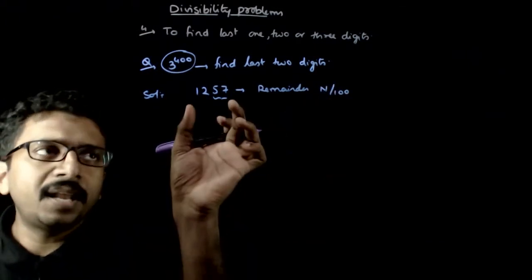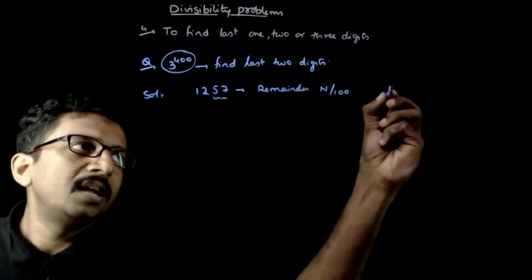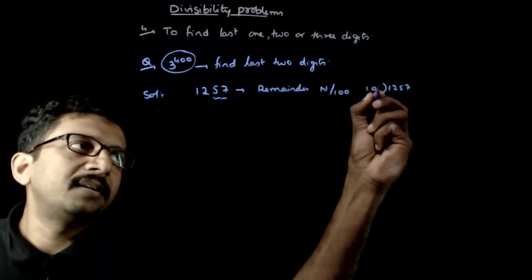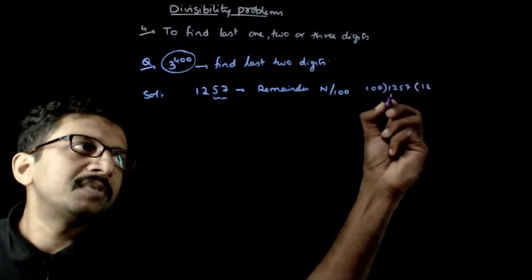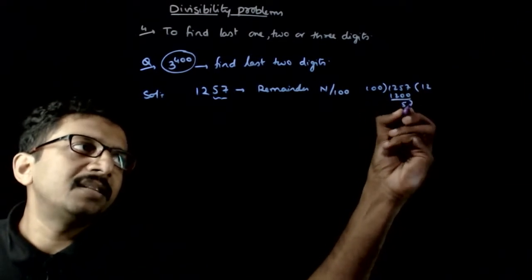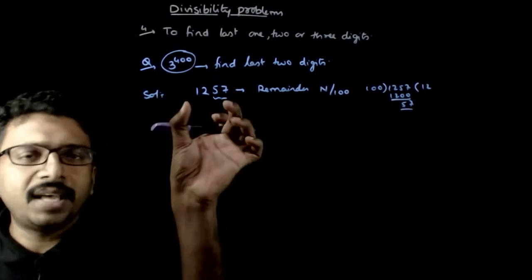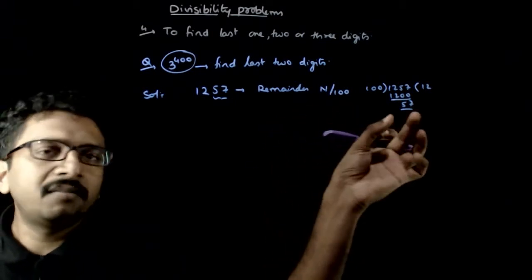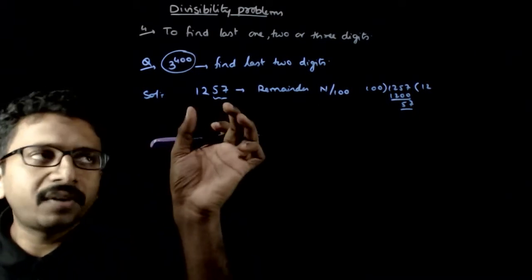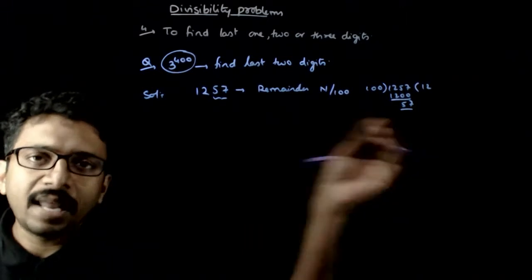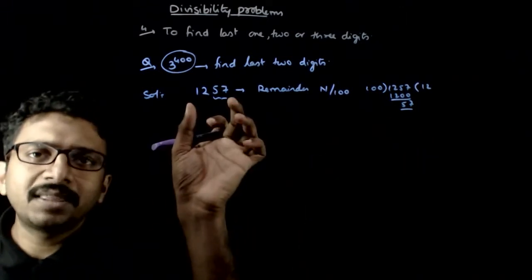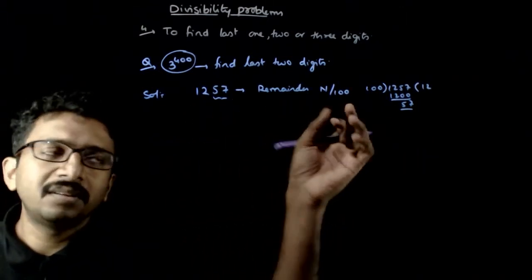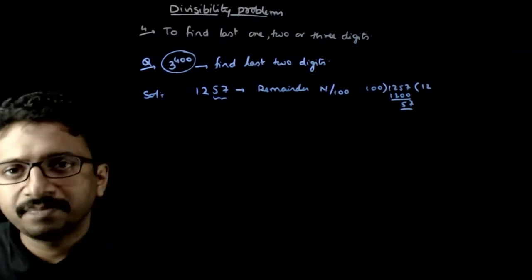So if 1257 is divided by 100, 12 times 100 is 1200 and the remainder is 57. So when a number is divided by 100, the remainder will be the last 2 digits. When the number is divided by 10, the remainder will be the last 1 digit. When the number is divided by 1000, the remainder will be the last 3 digits.